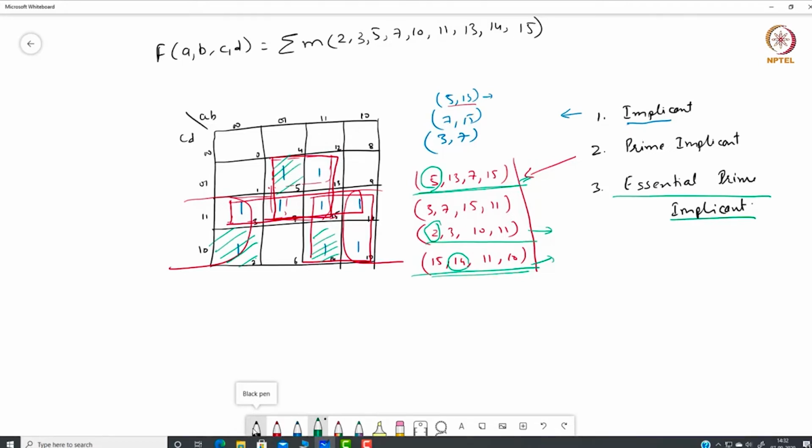because of this 5, 13 is covered, 7 is covered, 15 is covered. Because of 2, 3, 10, 11, 2 is covered, 3 is covered, 10 and 11 are covered.